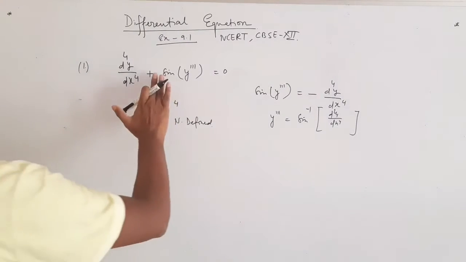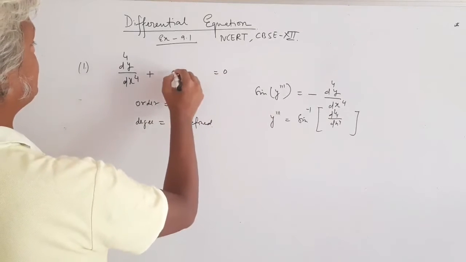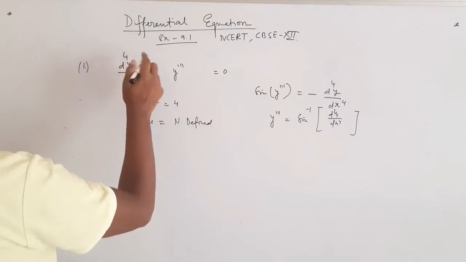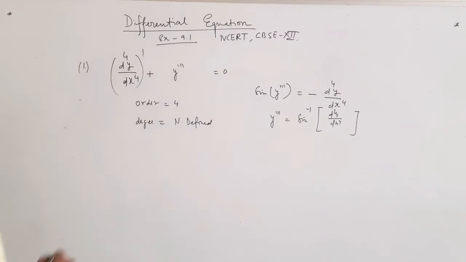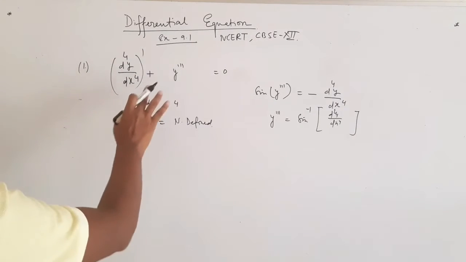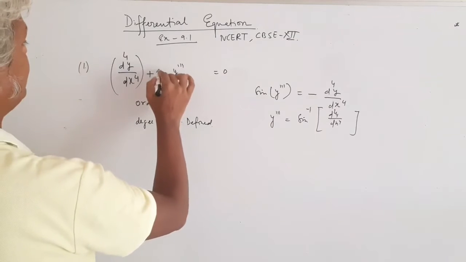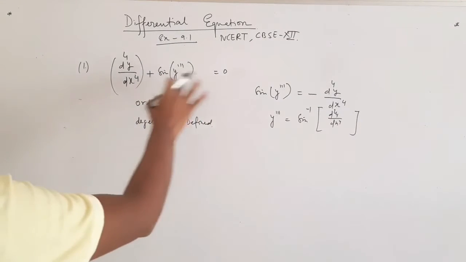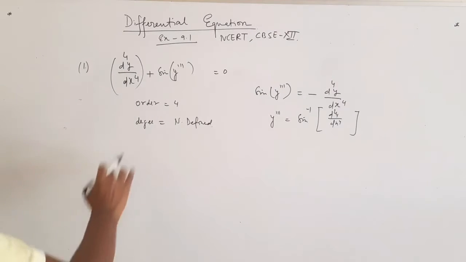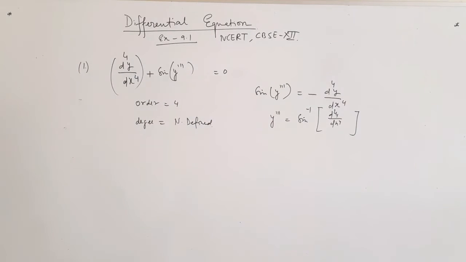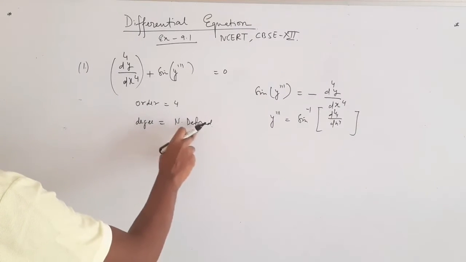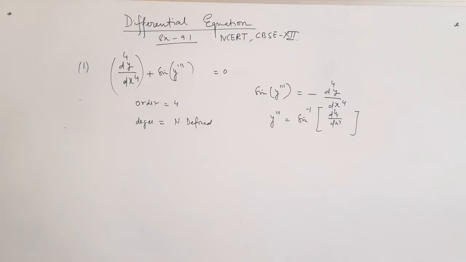Because if it had been, suppose if this is not there, this is just y triple dash, then you can say the order is 4 and the highest power on this order is 1, therefore the degree is also 1. But this one makes the whole thing complicated, because you cannot express it as a polynomial in the differential coefficients. So that's why your degree becomes undefined here, and the order is 4.